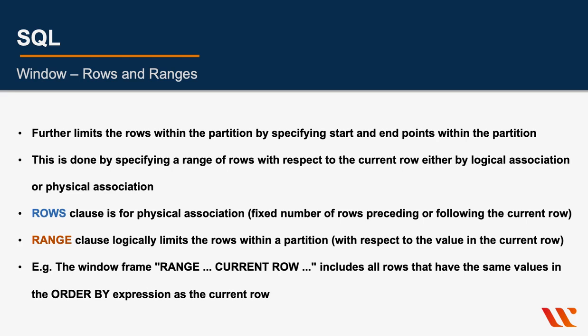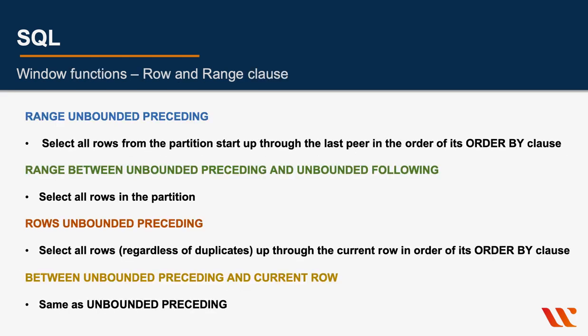And these are further divided into range unbounded preceding, range between unbounded preceding and unbounded following, rows unbounded preceding, and rows between unbounded preceding and current row. So the range unbounded preceding selects all rows from the partition start through the last peer in the order of its order by clause.